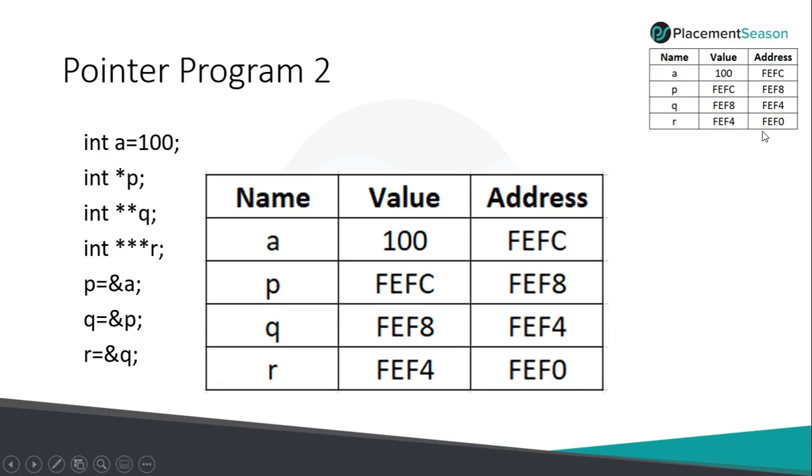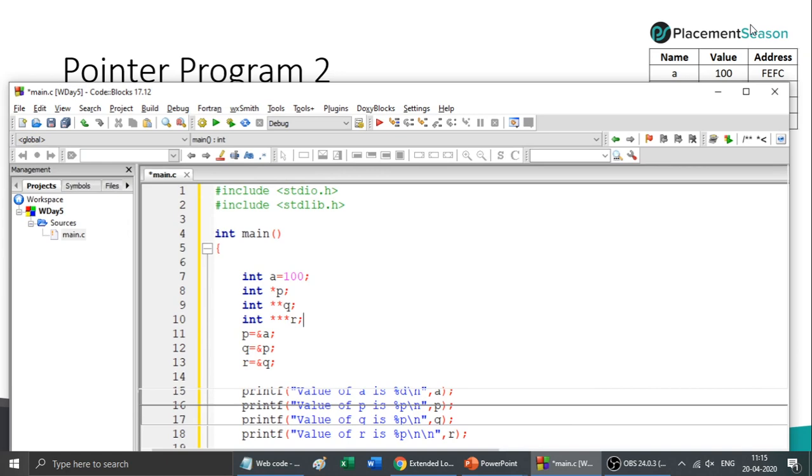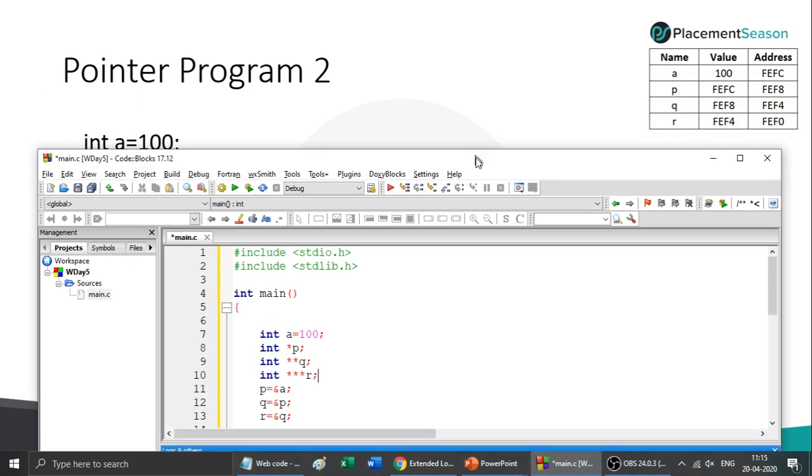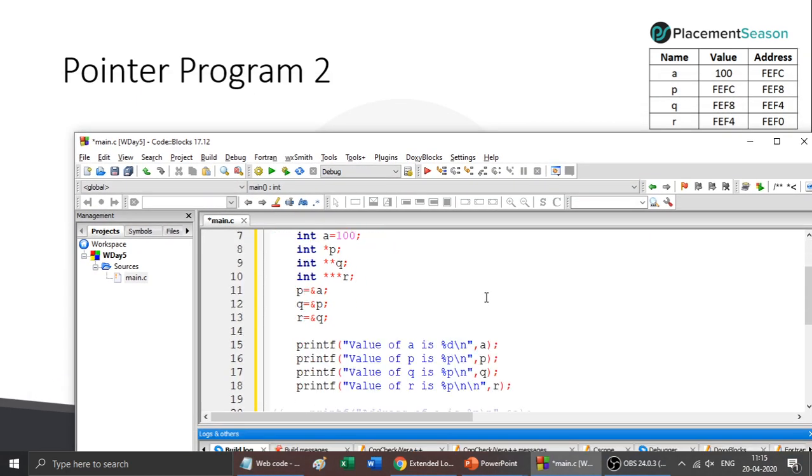So these values are here. I'll minimize this window to get comfortable with this. The same values I have assigned here. What should be the output for this code? I have given a, p, q, r, and I'm just printing the values.